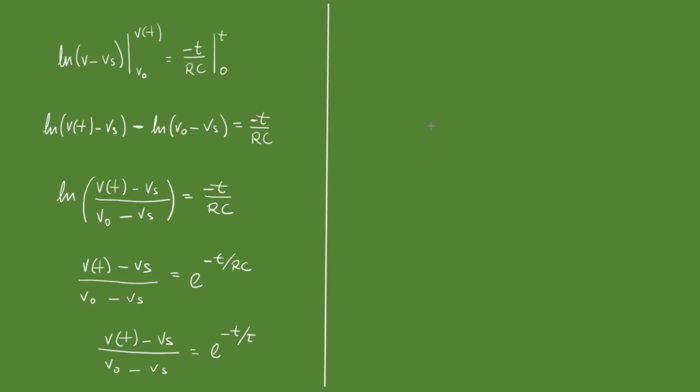Just to arrange our terms together, let's take out the fraction. Let's cross multiply, so we end up with only the numerator. So we have V as a function of time, which is what we're looking for, minus the voltage at the source is equal to, keep this in brackets, V naught minus Vs, e to the minus t over the time constant.